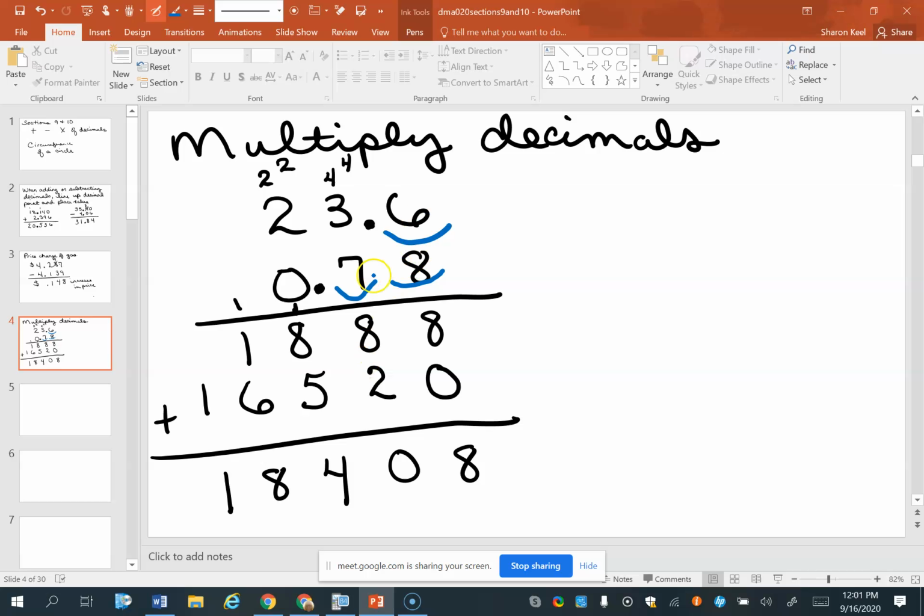Since the decimal has 3 numbers to the right, in the final answer we start at the right and move left 1, 2, 3 places, and that is where we're going to put our decimal in the final answer.